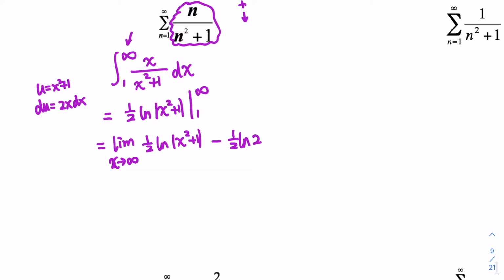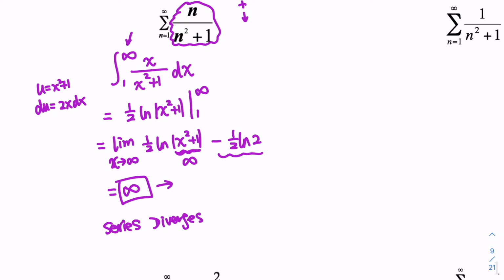As x goes to infinity, x squared plus 1 goes to infinity, and ln of infinity gives us infinity. So infinity minus a constant, the final answer will be infinity because the integral is not a number. So the integral diverges, so the series diverges too.